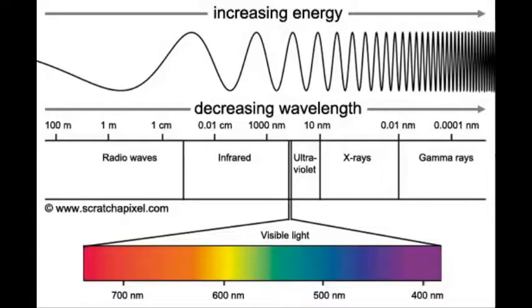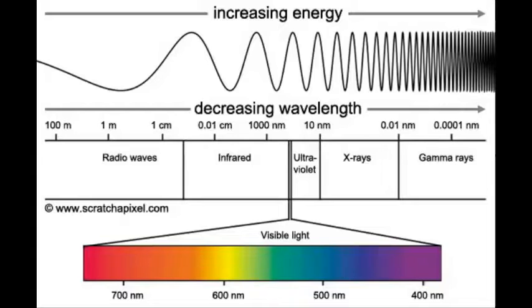For wavelengths that are larger than about 700 nanometers, which is the wavelength of red light, the light is no longer visible, but is actually called infrared light. And if we go to even larger wavelengths, the light becomes radio waves, which is basically the type of light, if you want to think about it that way, that we use for Wi-Fi, our cell phones, and most communication devices these days.